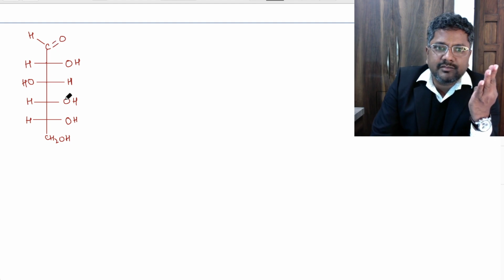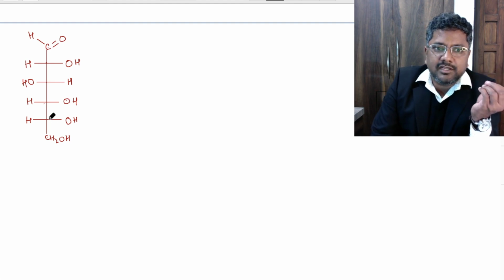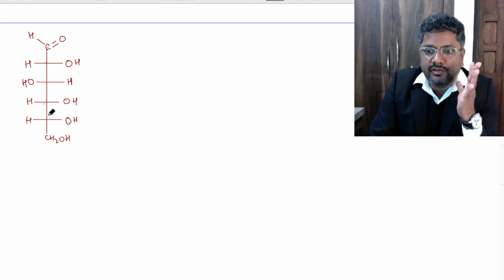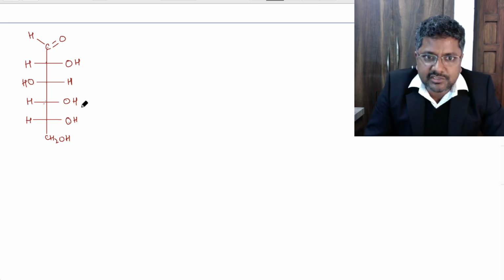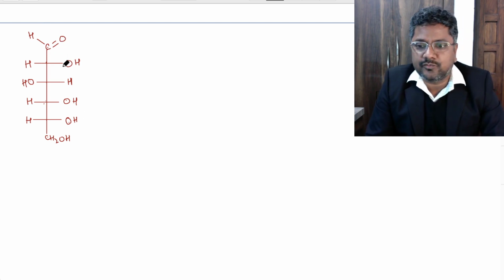If you do the reaction between this oxygen, 1, 2, 3, 4, 5, then you will get a 5-membered ring. But if you do the reaction between this OH, 1, 2, 3, 4, 5 and 6, you will get a 6-membered ring.